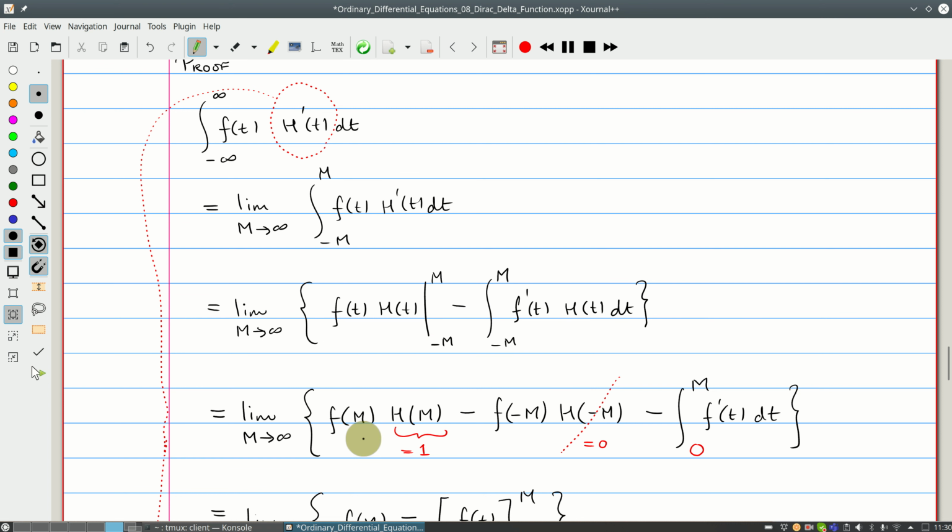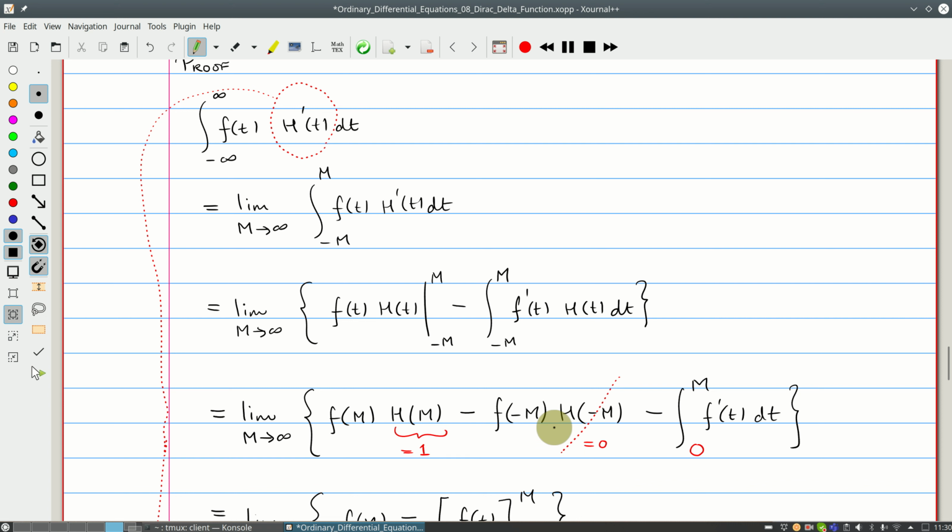These boundary terms are simply f of m h of m minus f of minus m h of minus m. But guess what? h of minus m is 0 and h of m is 1 because m is positive here.